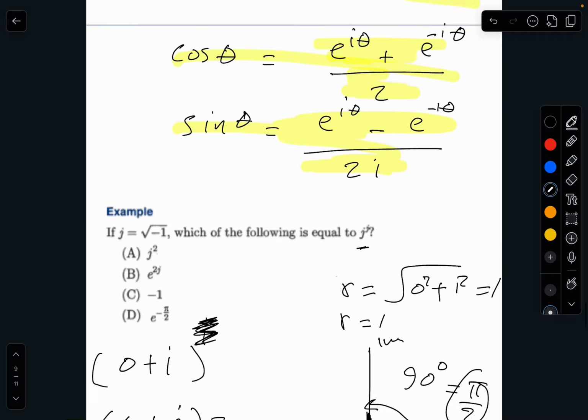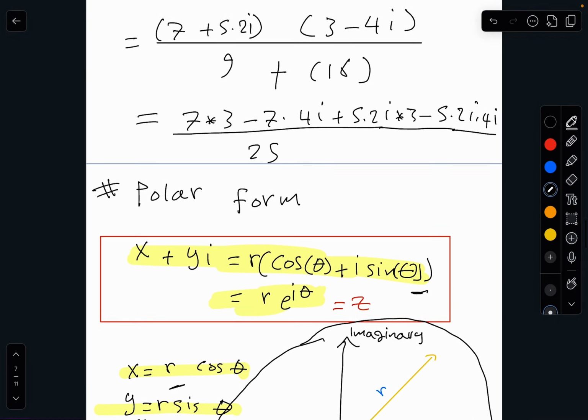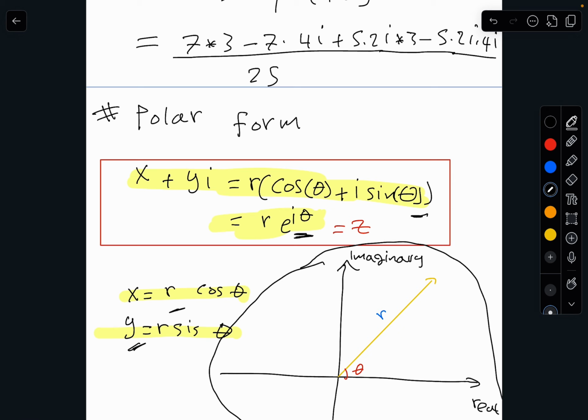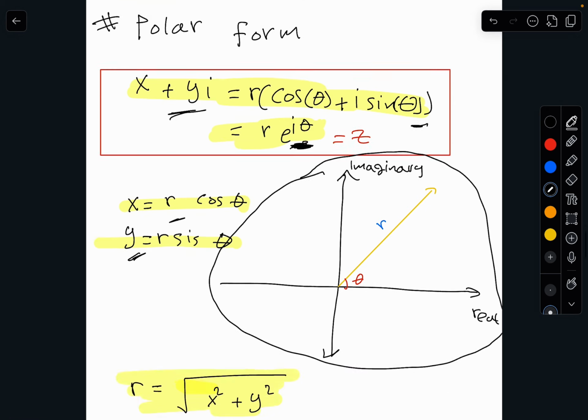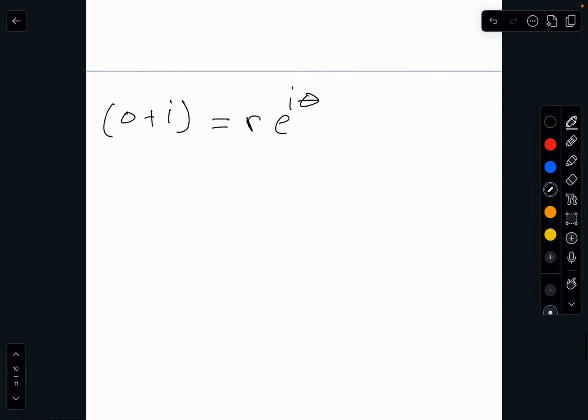This is the definition. Like we said, you remember, this is equal to this, right? So if this is equal to this, then we raise both of them to the power i, and r is 1.